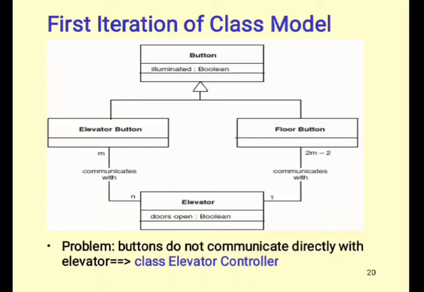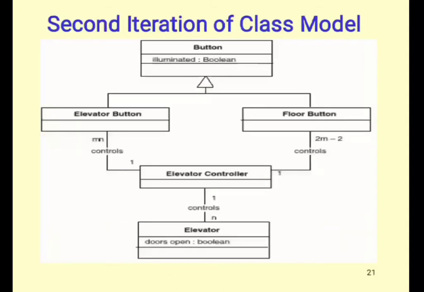So here buttons do not communicate directly with the elevator. Here is a hierarchical inheritance, as one class derives two classes, that is elevator button and floor button, and again elevator button and floor button communicate with elevator. That is nothing but the hybrid inheritance.